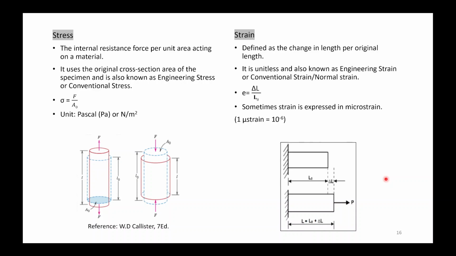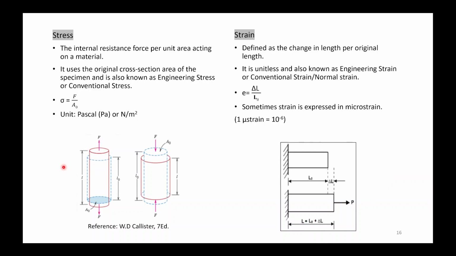Now two important parameters in mechanical properties are stress and strain. The internal resistance force per unit area acting on a material is called stress. It uses the original cross-section area of the specimen and is also known as engineering stress or conventional stress. Sigma equals F upon A naught, and the unit is Pascal or Newton per meter square.